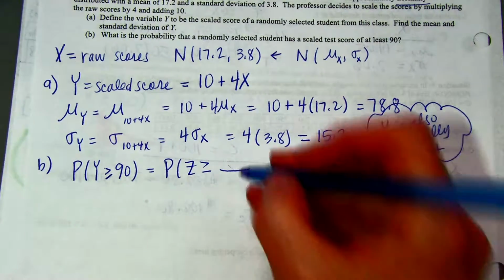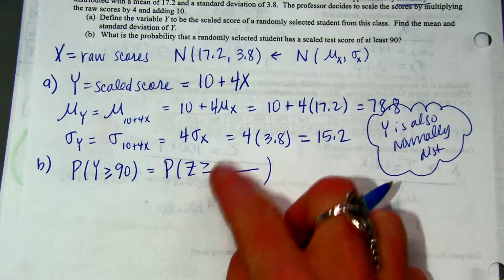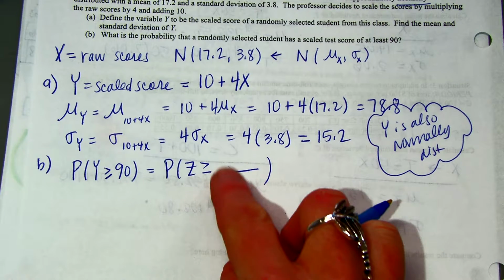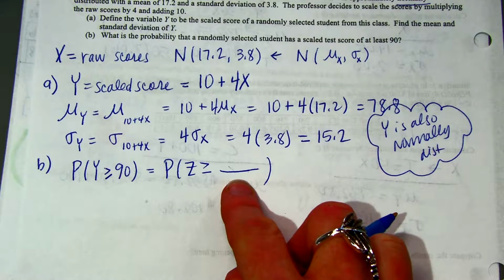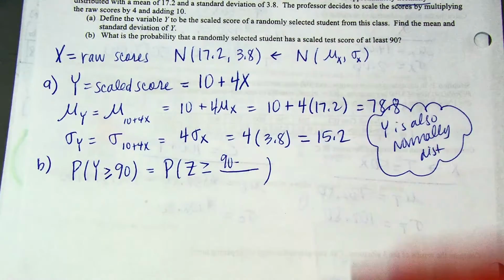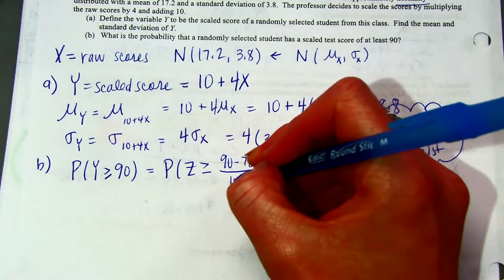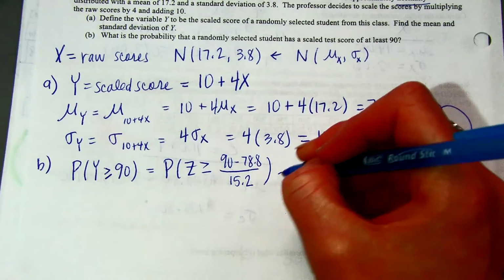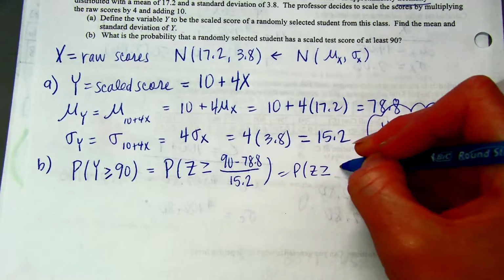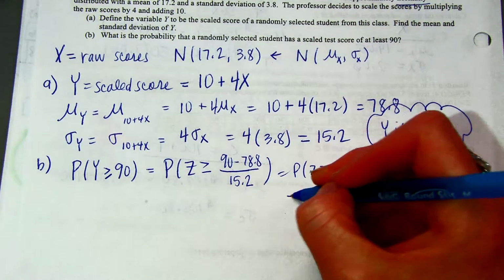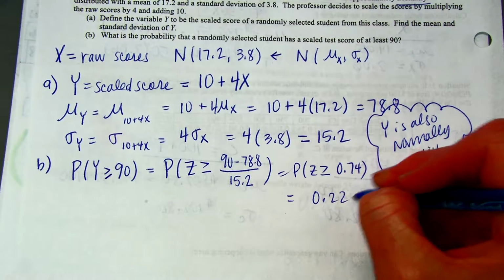What would I put in here? What numbers would I put there? 90 minus 78.8 divided by 15.2. This is going to turn into a z-score that is positive 0.74, and then I can go to my table and find this value.